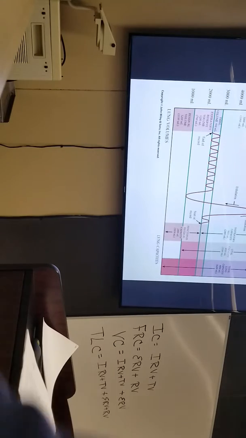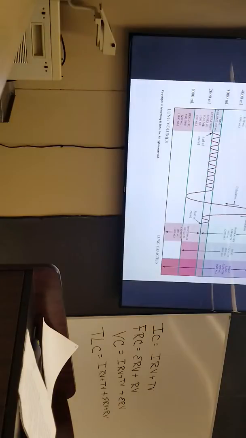At rest, you're just breathing normally. Normal breathing is your tidal volume: how much air is in and out of your lungs at rest. You can measure it. That is tidal volume. Take a deep breath in.